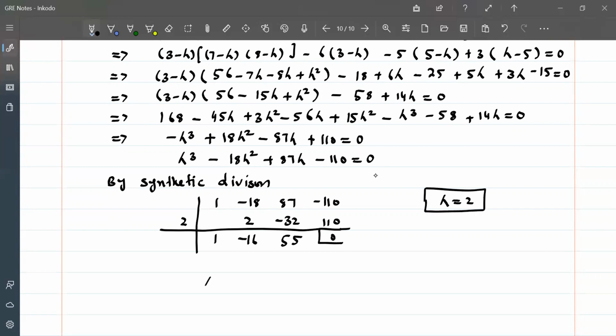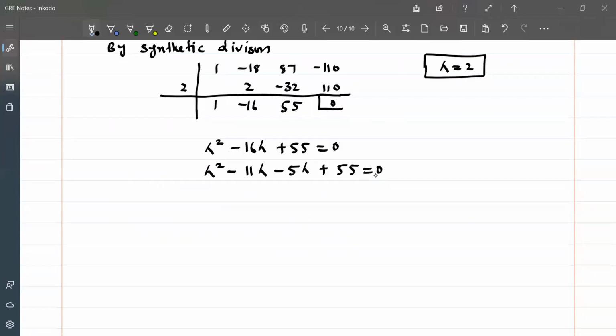So we have the equation lambda square minus 16 lambda plus 55 equal to 0. Now I can write this as lambda square minus 11 lambda minus 5 lambda plus 55, as 11 5s are 55, equal to 0. We just factorize this equation: lambda into lambda minus 11, minus 5 into lambda minus 11, equal to 0.